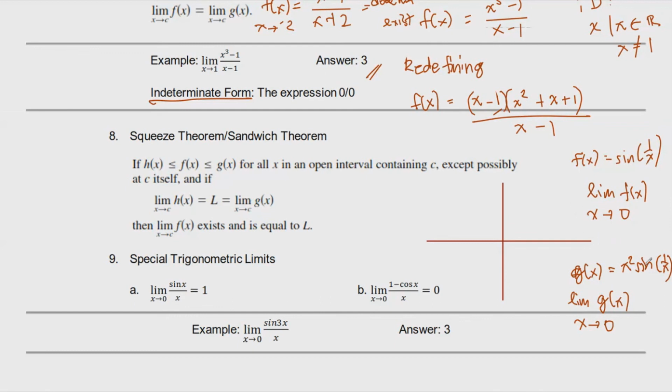So remember, sine 1 over x is restricted to certain values. If we have f of x such that it is sine 1 over x, then sine 1 over x will only have values less than or equal to 1 and greater than or equal to -1.